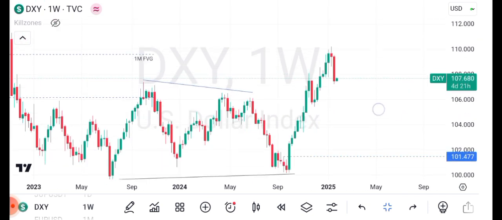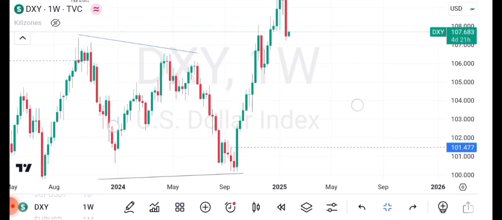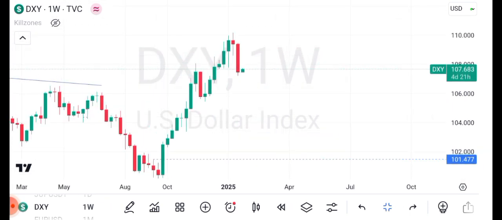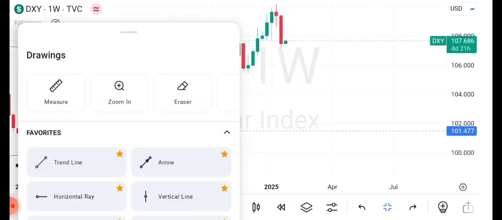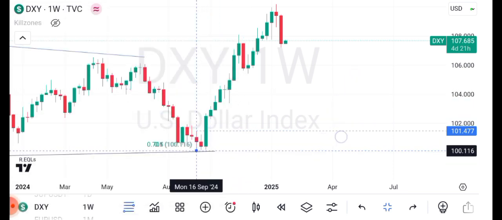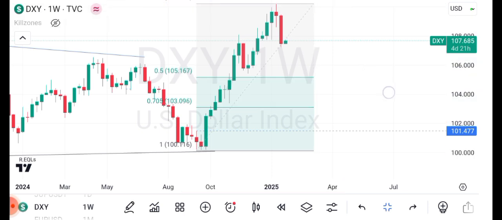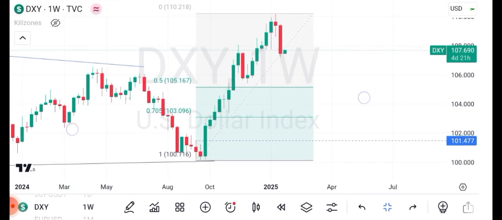So for me on our DXY, we've had a huge expansion to the upside, from this point up to this point. This is a huge expansion.